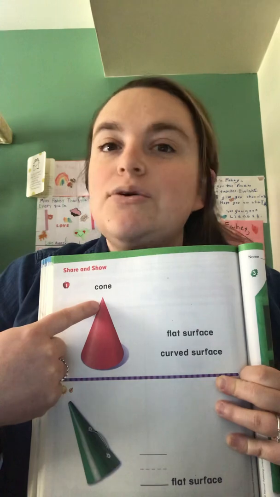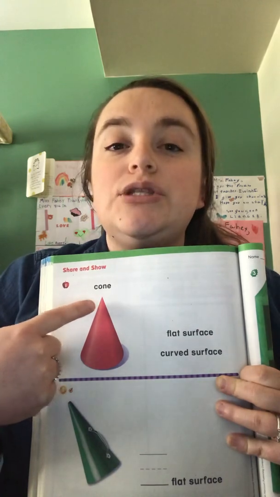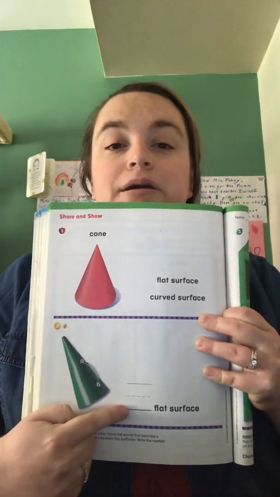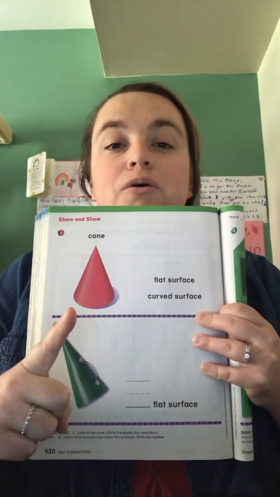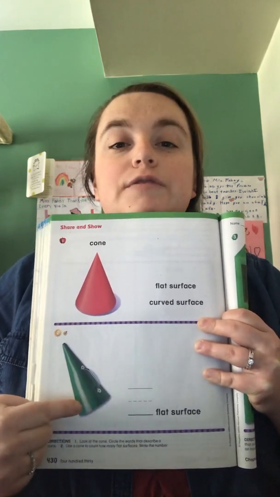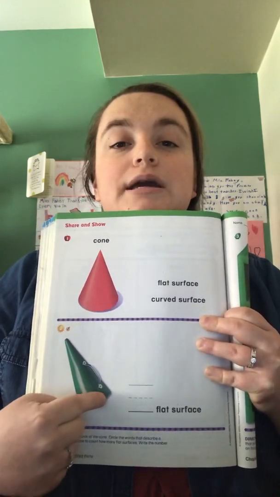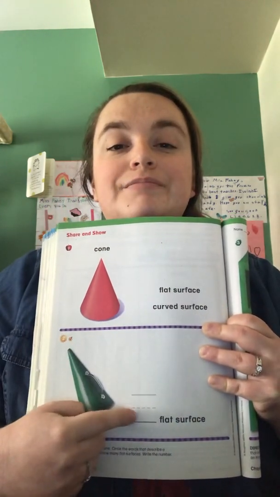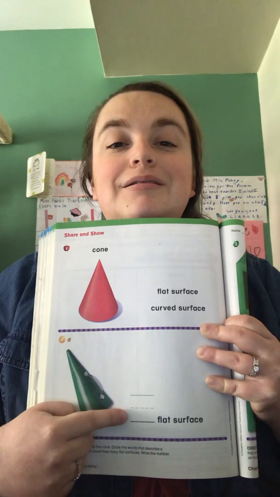No. So how many flat surfaces does the cone have? We're going to put that number at the bottom here. The cone has, put your finger on the green cone. Where is the flat surface? Right here at the bottom. The cone has one flat surface. So let's put the number 1 on the line.